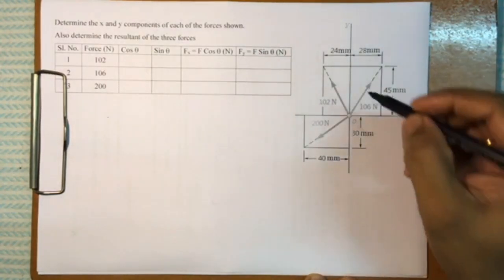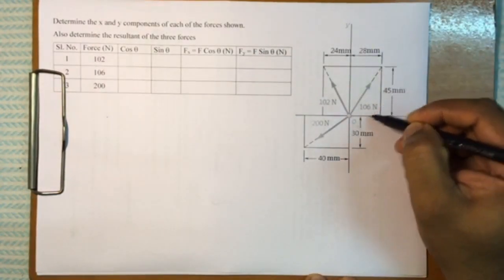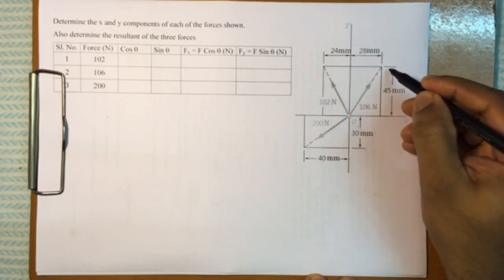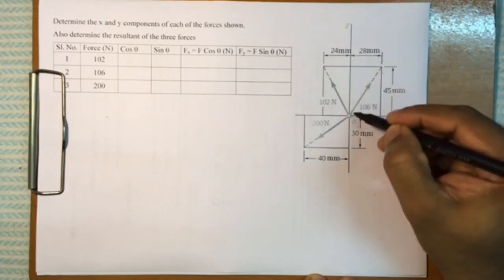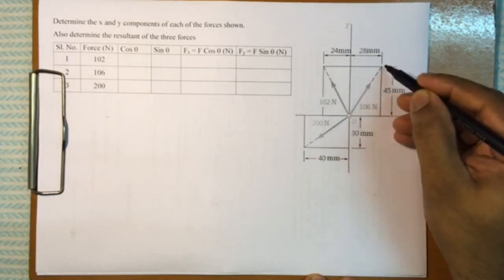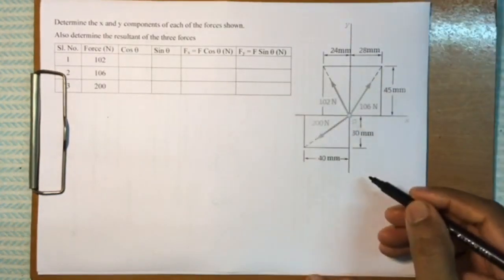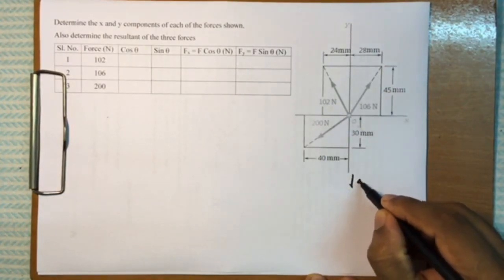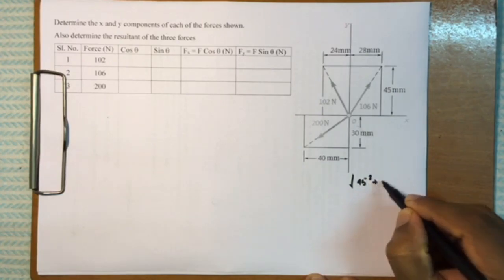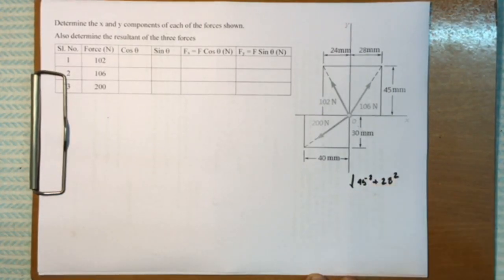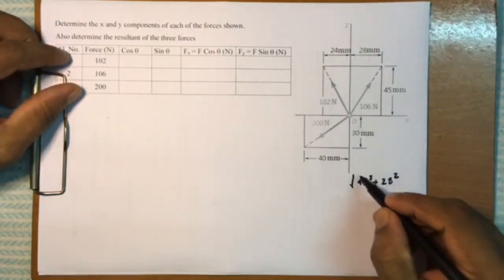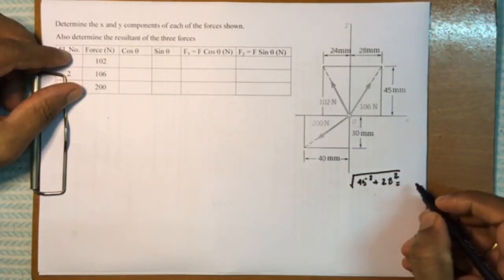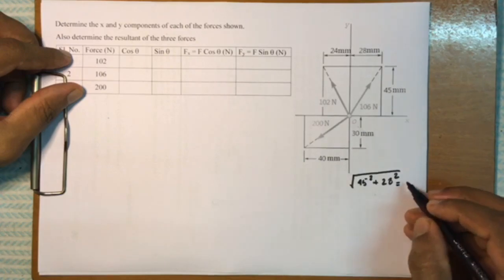If you see here, this is a triangle and we know this length is 28 mm and this length is 45 mm. To find the diagonal, I just have to find the square root of 45 square plus 28 square. In this case, this length turns out to be 50.48.